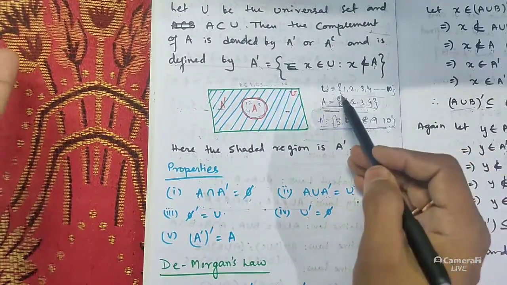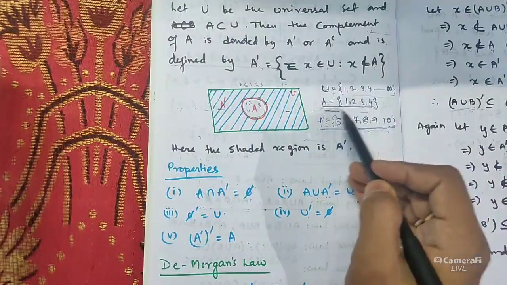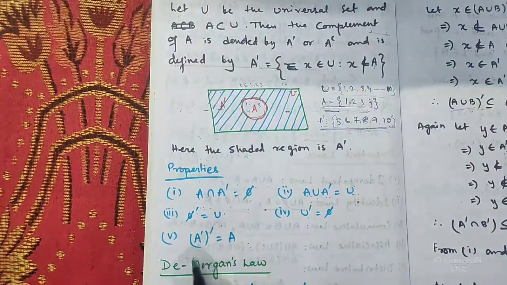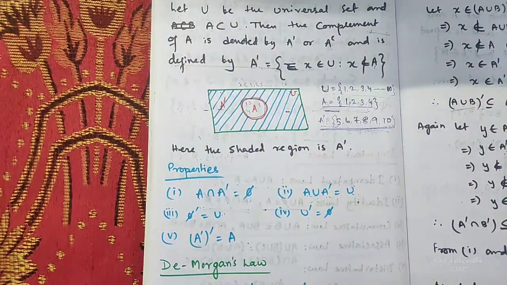So if you remove, you are getting 1, 2, 3, 4. That is the set A. That means complement of A complement is equal to A. Any queries, students? Are you getting?